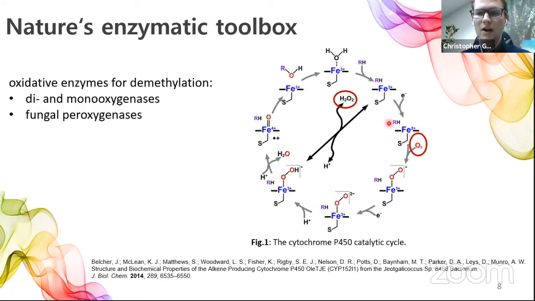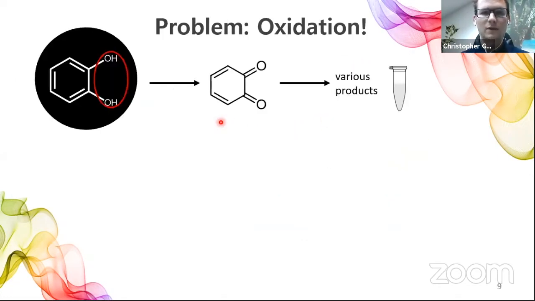Oxygen is also a problem because, if we look at this catechol building block, it can easily be oxidized to the ortho-quinone intermediate, which will further lead to various products, known as this black precipitation in your flask.